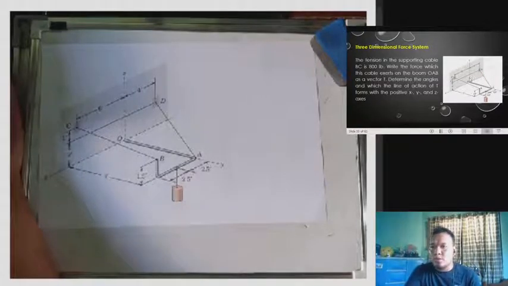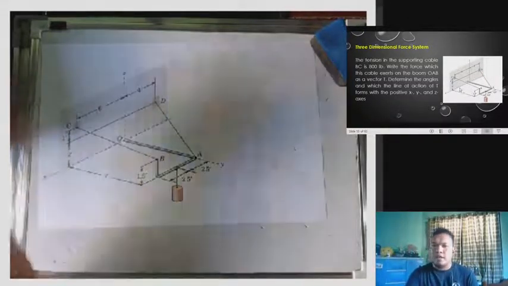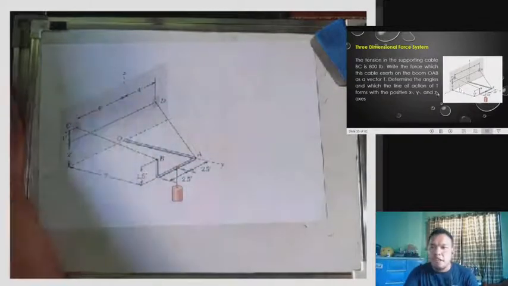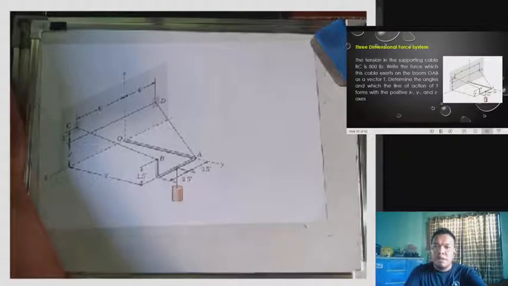Okay, so we have here dito na sa drawing. We have here this OAB na boom na nagkikarry ng weights na nandito. So, based dun sa problem, we have here cable at CB and cable at DA. So, dito daw si BC is nag-hold ng tension which is 800 pounds.